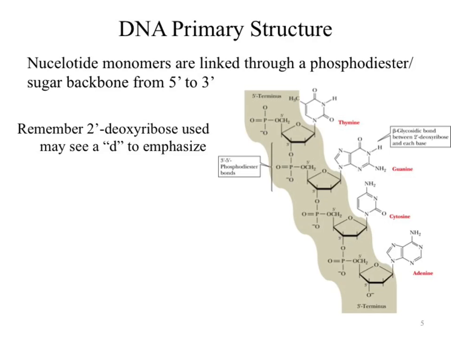Glycosidic bonds are to your nucleobases, and then you've got phosphodiester bonds going through the backbone. Those are your phosphodiesters. And your glycosidics, not shown very well with their little arrow, is that red guy in there.